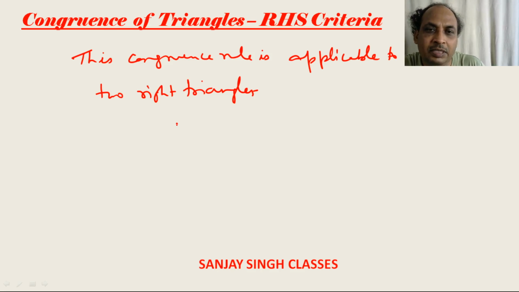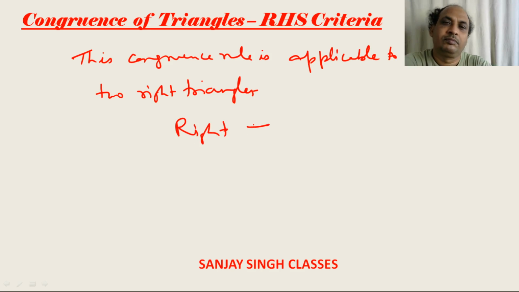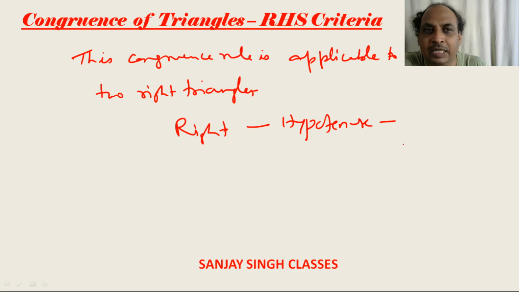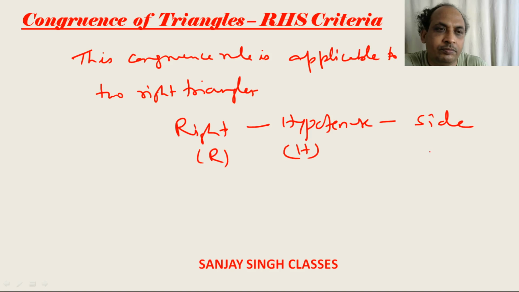So RHS means right angle, the triangle must be a right angle triangle. Then hypotenuse, the corresponding hypotenuse should be equal and one corresponding side must be equal. So that's why it is called RHS rule.